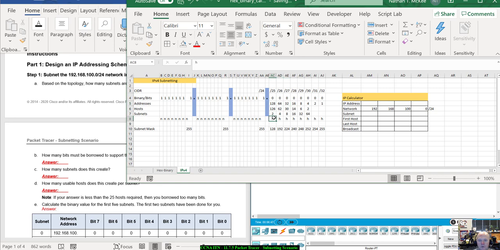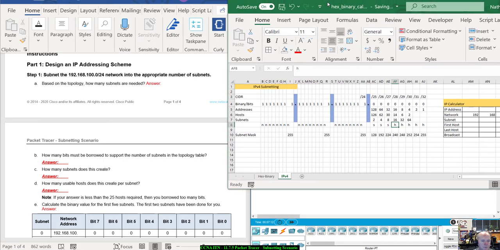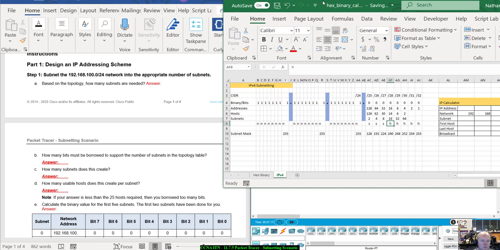Right here I have all the ends for the network address, and all these will be subnets. So how many bits must be borrowed to support the number of subnets in the topology table?